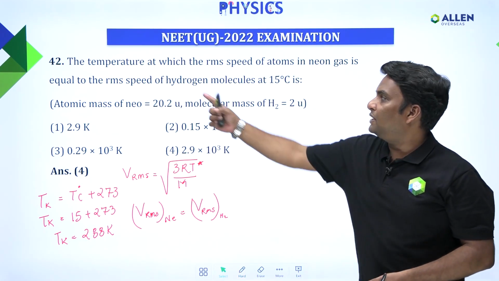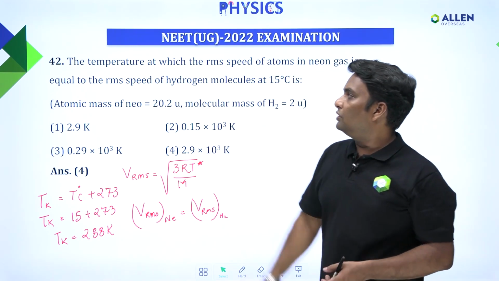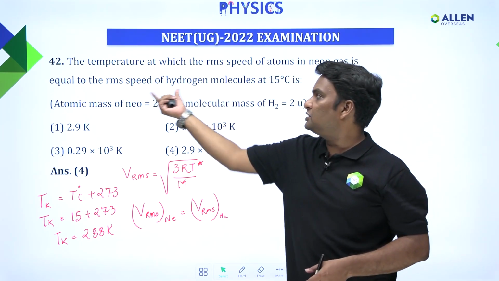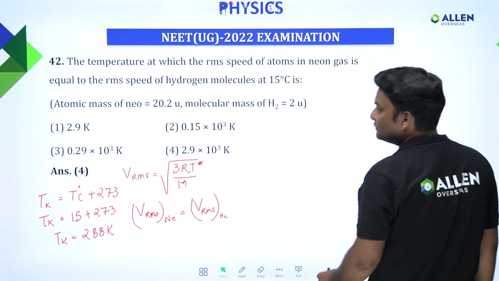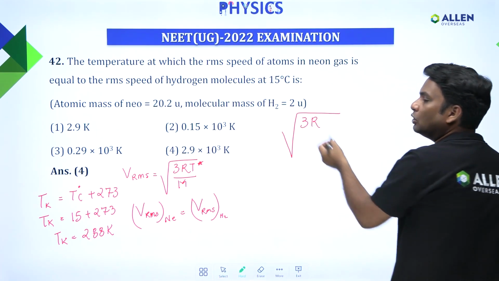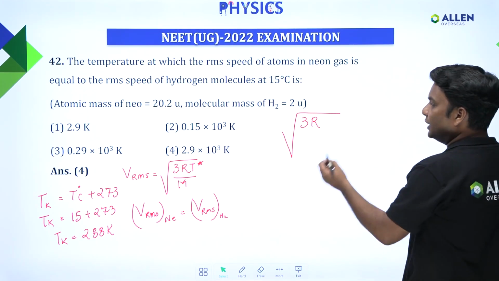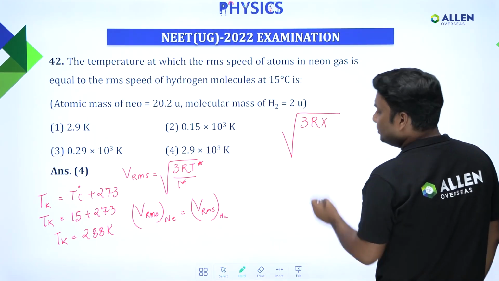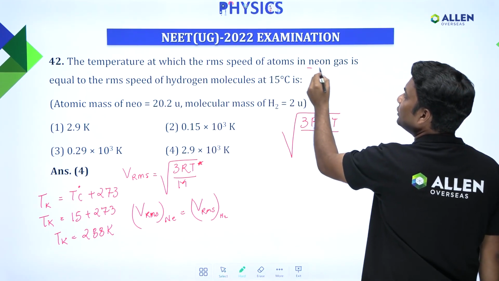Okay sir. Once we have the value of temperature, let's proceed to find the temperature at which the RMS speed of neon gas is equal to the RMS speed of hydrogen. We simply put down the data here. For Vrms of neon, I am going to use 3R, and we don't need to put the value of this constant 3 because ultimately it's going to get cancelled on both sides, into the temperature, which we need to calculate, T, because we are talking of neon gas.